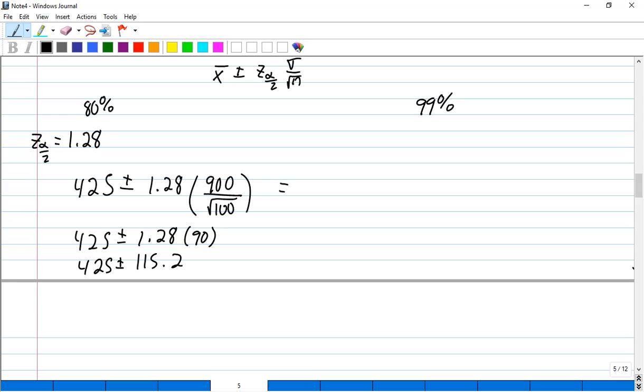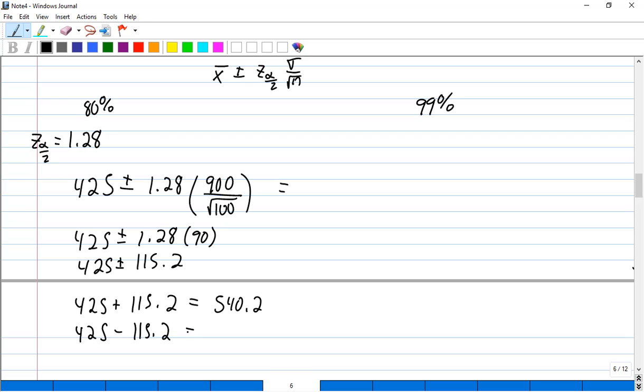Okay, so first, I'll add it. So 425 plus 115.2, I got 540.2. All right, and then I'm going to say 425 minus 115.2. And I got 309.8.